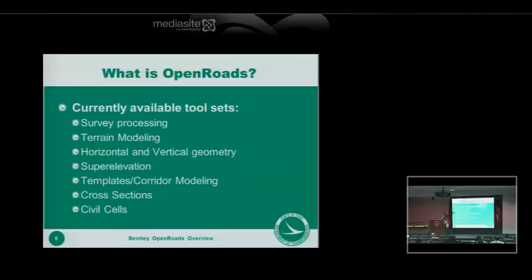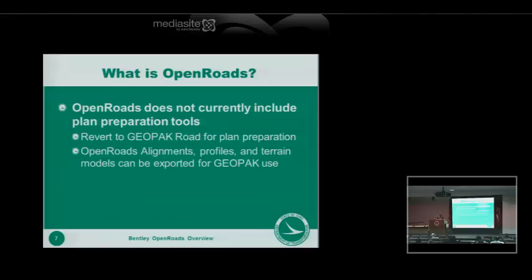Okay, and we'll look at each of those pieces in some detail. OpenRoads does not currently include plan production tools. It is really at this point survey processing and modeling, creating a 3D model. The only plan production related tool is cutting cross sections from the model.